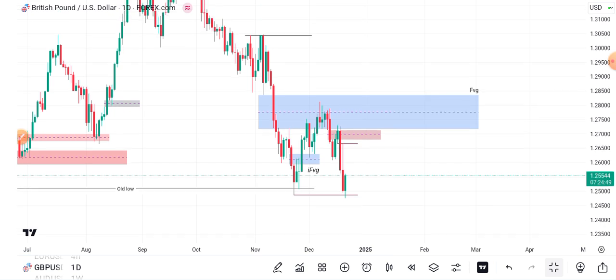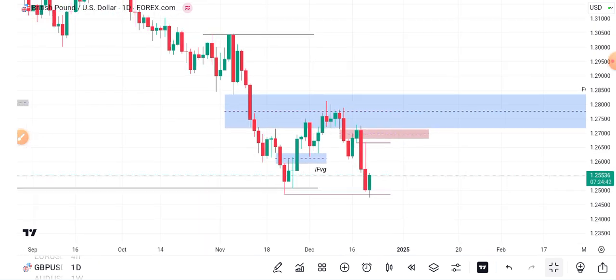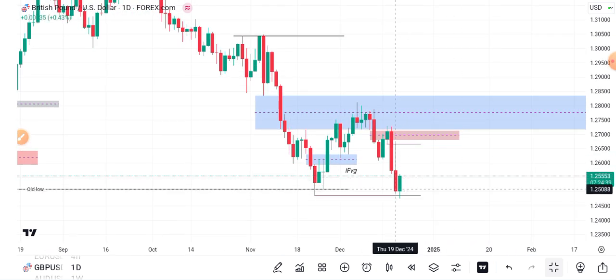We can see that 2 days before this actual day here, price reacted from this fair value gap downwards, and then there was a rebalancing yesterday. It came and hit this other block here, and there was like immediate rebalancing, hit it and then came down.